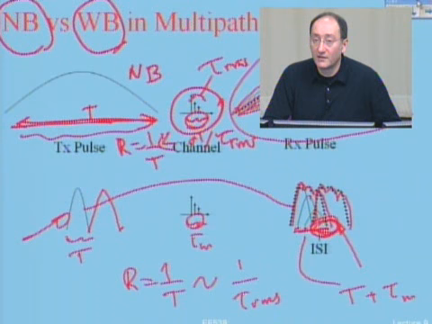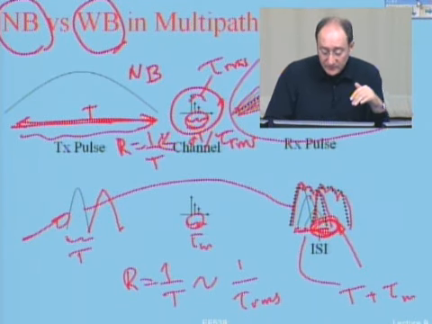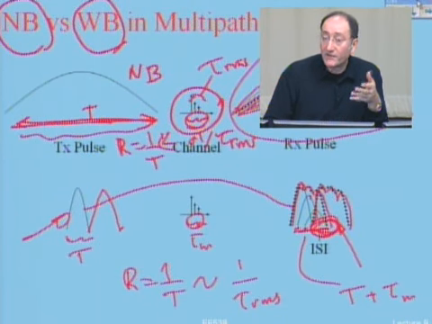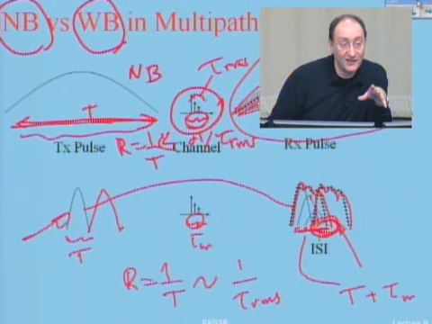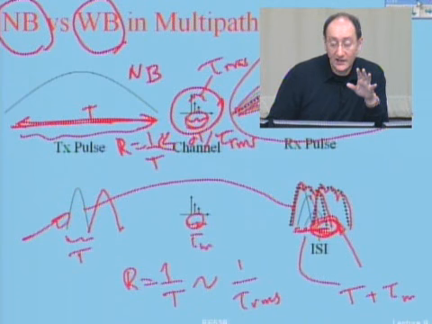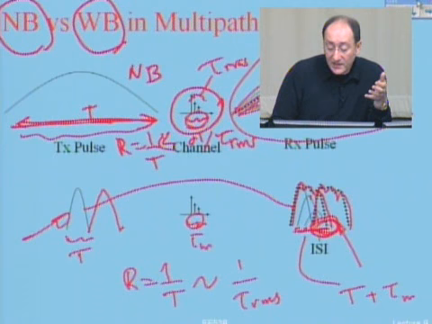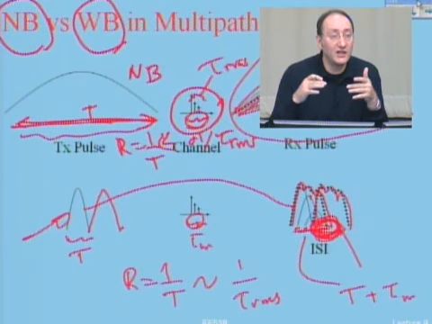So if I have a multipath fading, and I increase my data rate above fractions of 1 over tau RMS, my waveform now changes. And I'm facing a new problem. If I'm not doing anything about it, I have this intersymbol interference, which means that pulses interfere with one another.